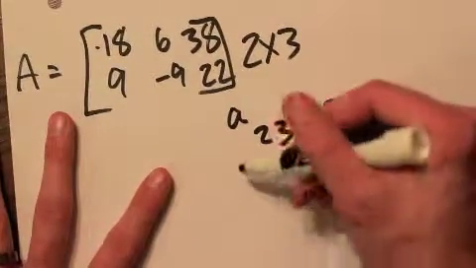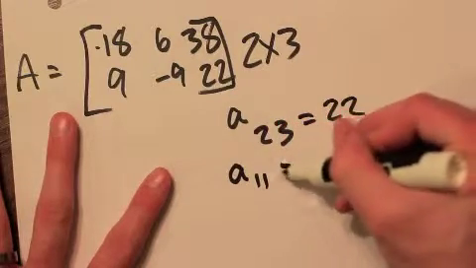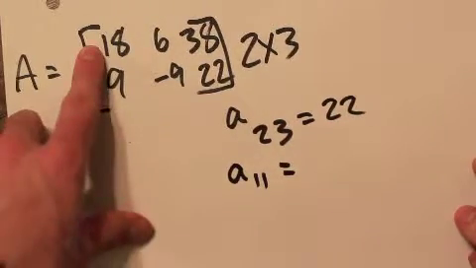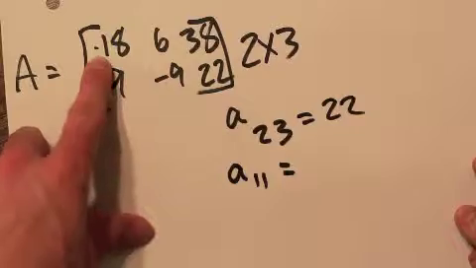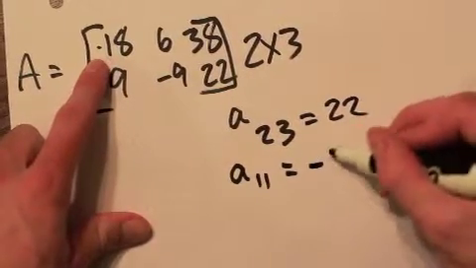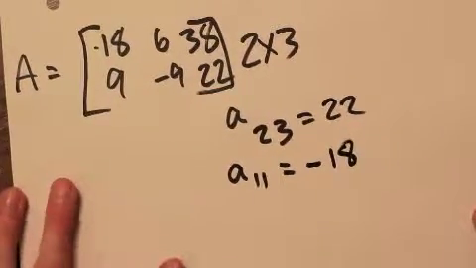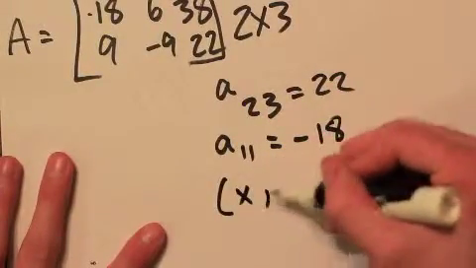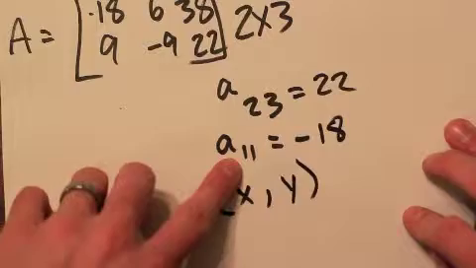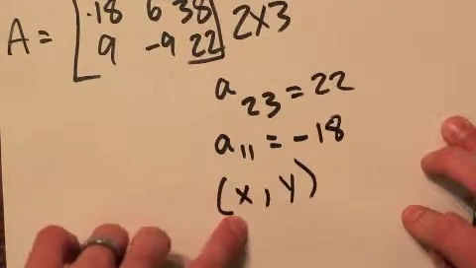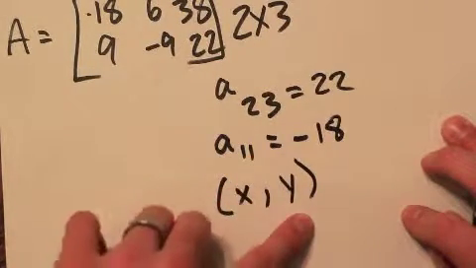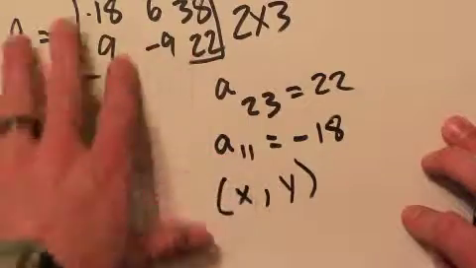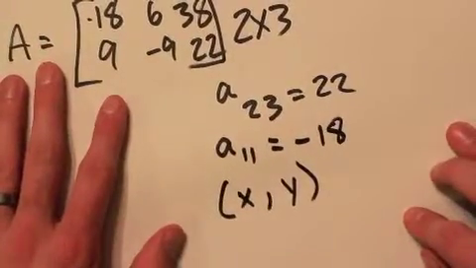Well, what about A11? First row, first column, so that would be negative 18. And again, you can think of this like a point on the XY graph. Row, column. So that is how the points of a matrix are organized.